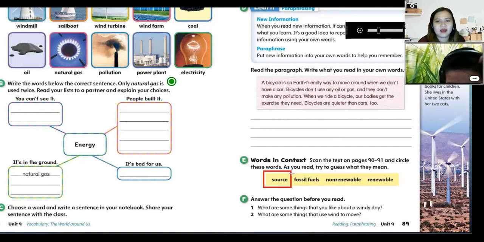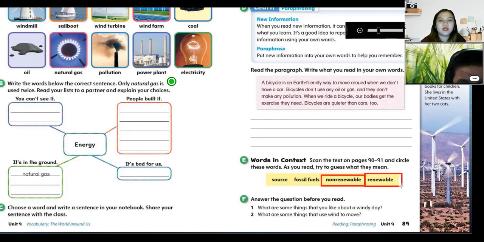How about here, fossil fuels? Do you have any idea what this is? It is a fuel for the gas. Okay, thank you for that. How about here, non-renewable? Non-renewable is not good for the environment. Okay, not good for the environment.